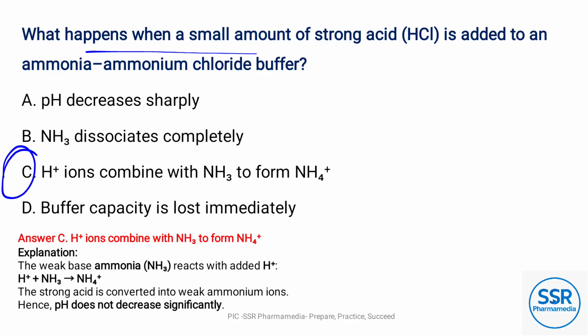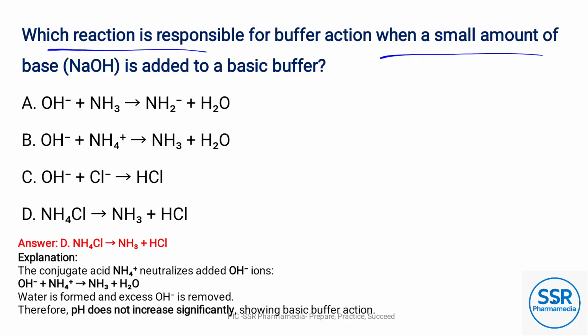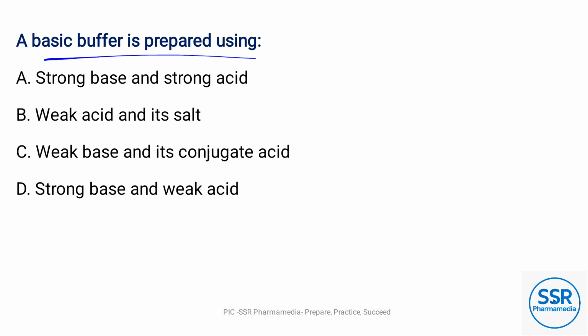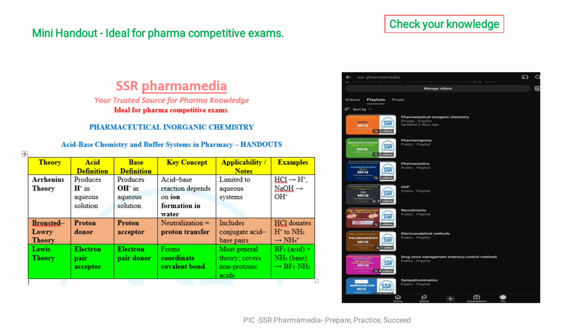Option C, H plus ions combine with ammonia to form ammonium ion. Which reaction is responsible for buffer action when a small amount of base is added to a basic buffer? Option D, ammonium ion reacting with OH minus ion. A basic buffer is prepared using... Give your answer in the comment box.